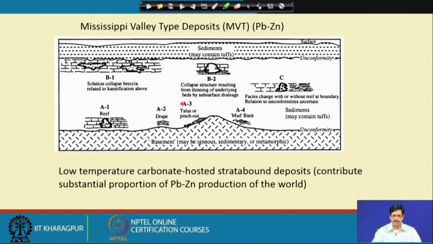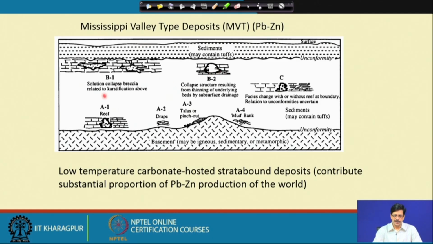So, in this particular series of hydrothermal systems which are associated with sedimentary rocks, another important class is the Mississippi Valley type of deposits, which are also a major contributor of lead and zinc in the world.